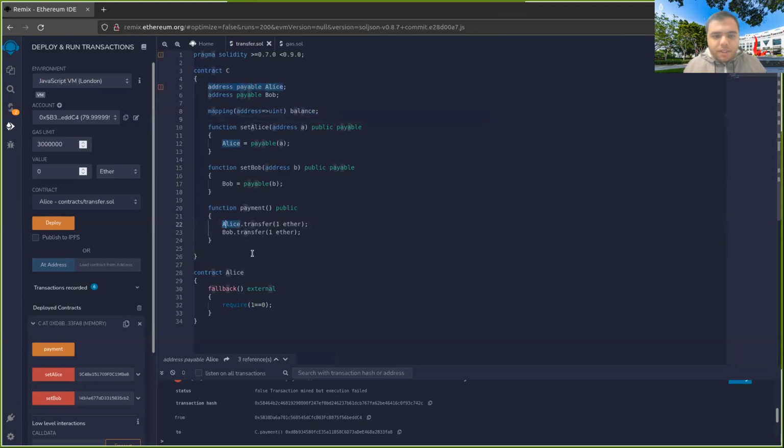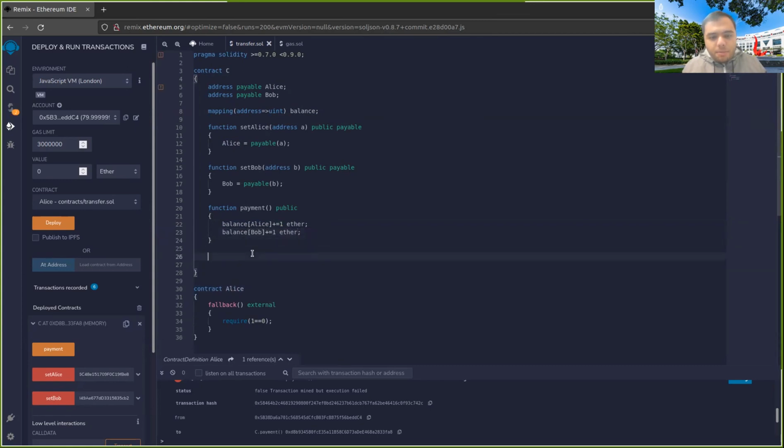So here, instead of actually transferring the money to Alice, I would just increase the balance of Alice. So I would say the balance of Alice increases by 1 Ether. And here, instead of paying the money to Bob, I just increase the balance of Bob.